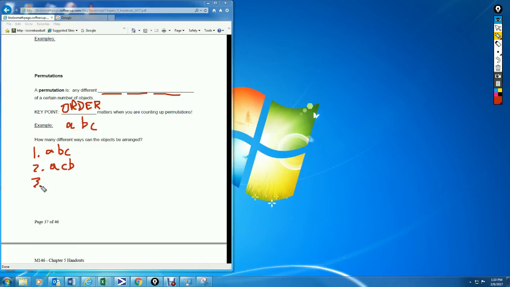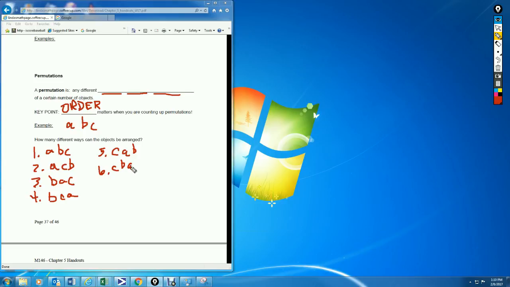All right, so now let's put the B first, and then I would have A and C. I can keep the B here and then do CA. Or I could put the C first and have AB, or I could do C, B, A.